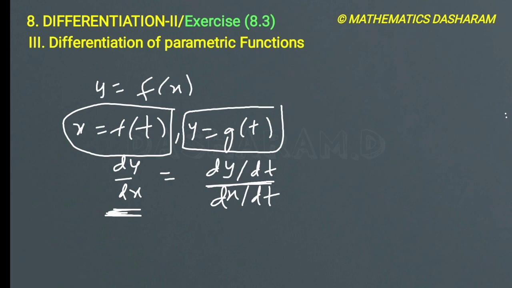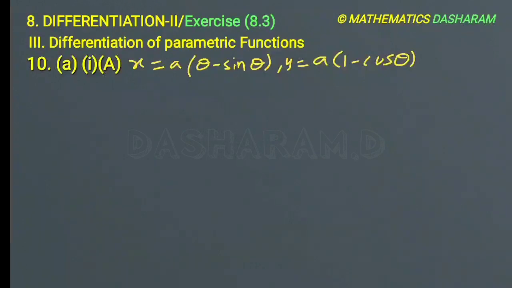So let's see this type of problems now. Question number 10, part A: x equals a bracket of theta minus sin theta, y equals a bracket of 1 minus cos theta. Here x and y both are parametric functions because they depend on another variable, that is theta.